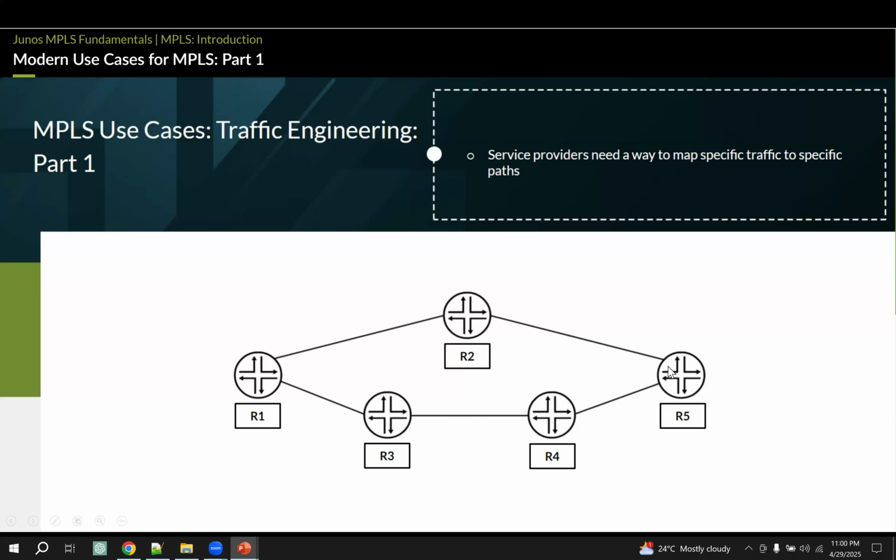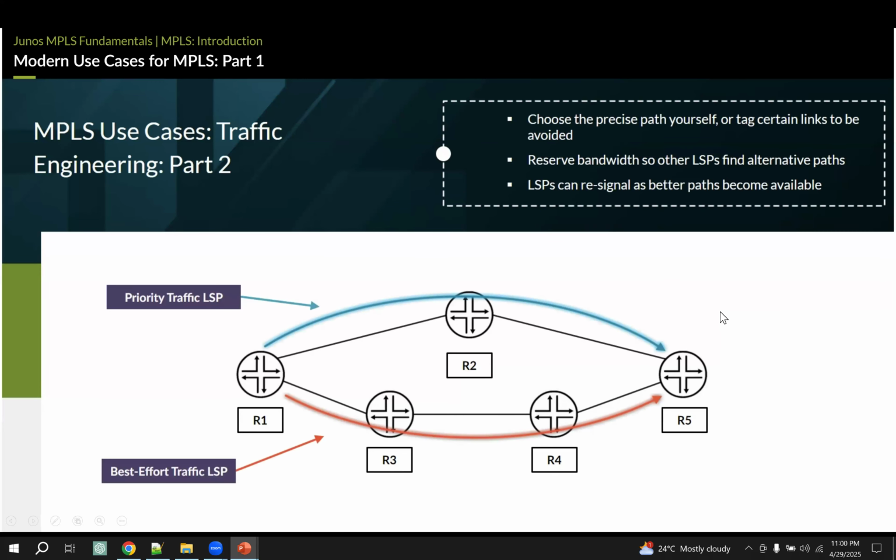This is unequal cost, if you consider IGP. So one path will be overutilized and another path will be underutilized. If you want to utilize the underutilized path, you can use traffic engineering that is available in MPLS, not available in IGP. This is a traffic engineering example.